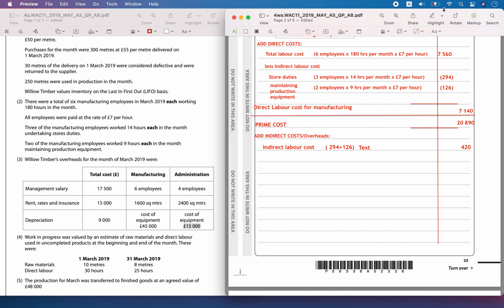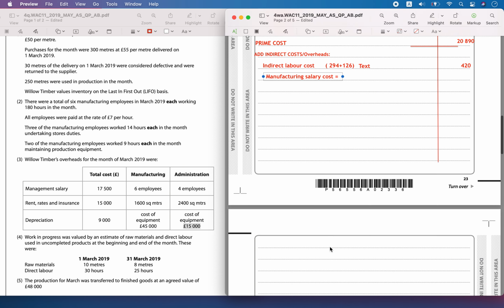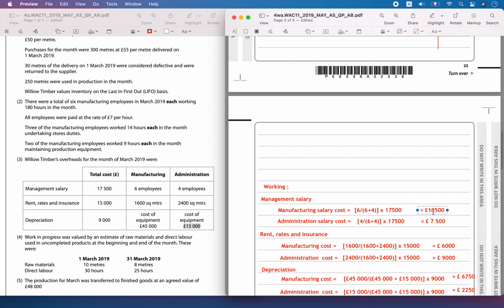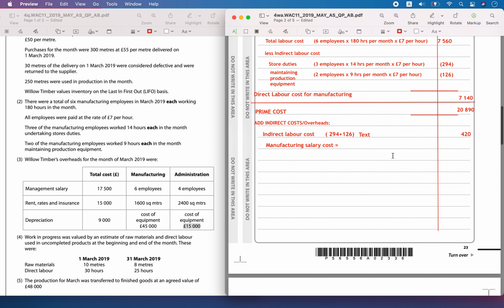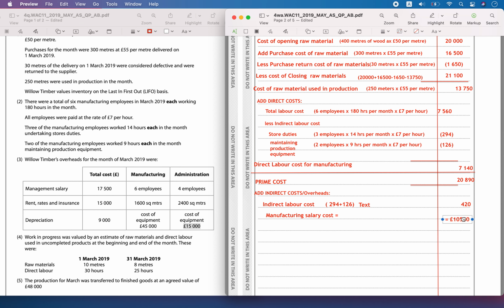That is going to be equal to, here we have already calculated, 10,500 pounds, which we have to add.